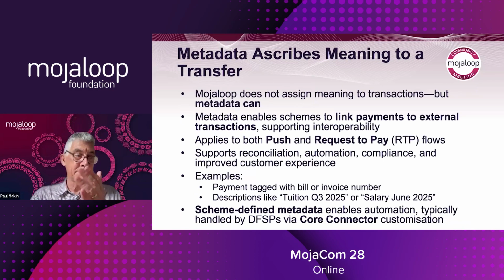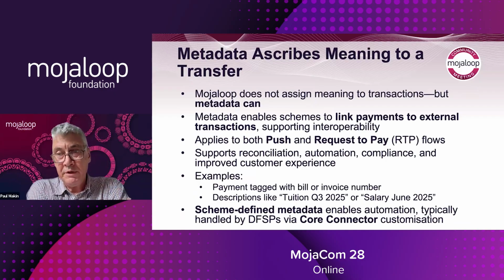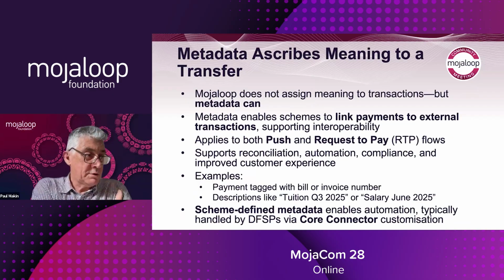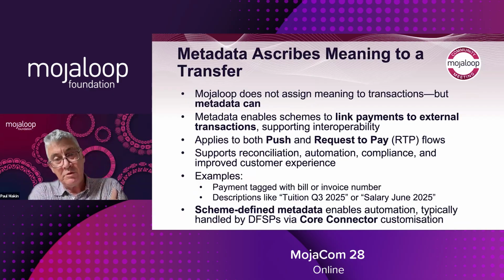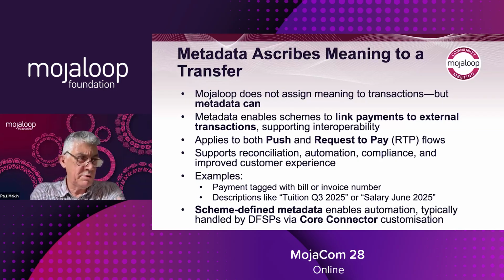But before I do that, I wanted to talk briefly about metadata because this came up with the go-to-market team a few times. The very nature of Mojaloop as a switch interconnecting DFSPs means that Mojaloop cannot or should not ascribe meaning to a transaction. But transactions do have the potential to carry metadata along with the payment details. And it's that metadata that can be used by a scheme to link the payment to transactions outside Mojaloop, giving meaning to the two participating DFSPs.